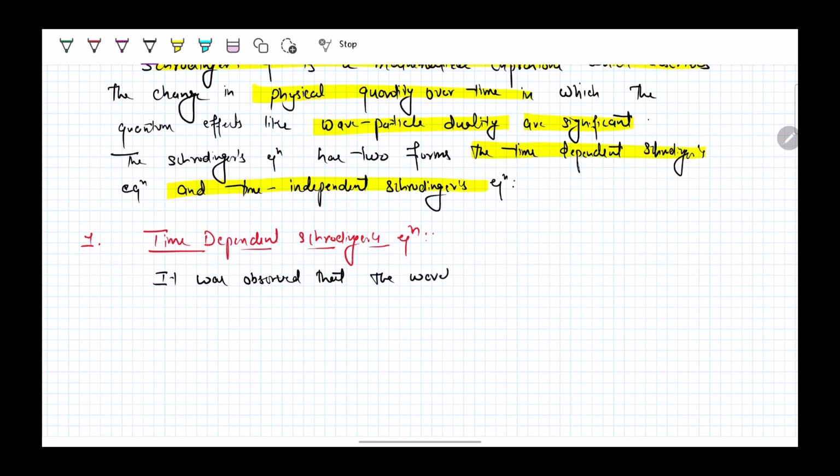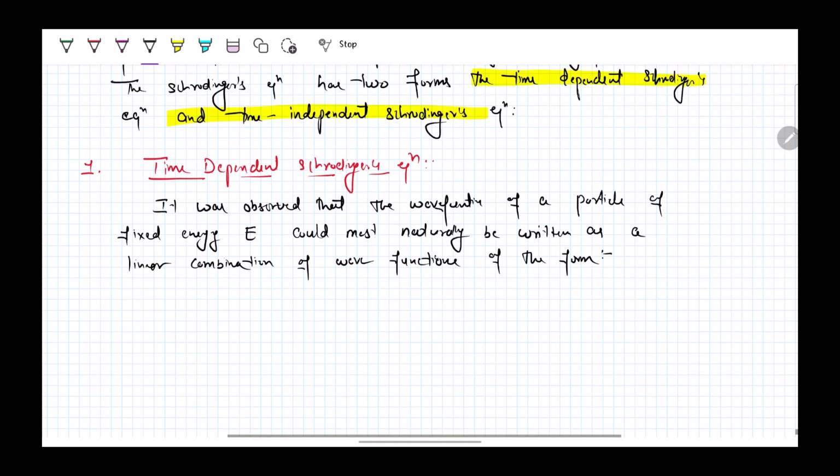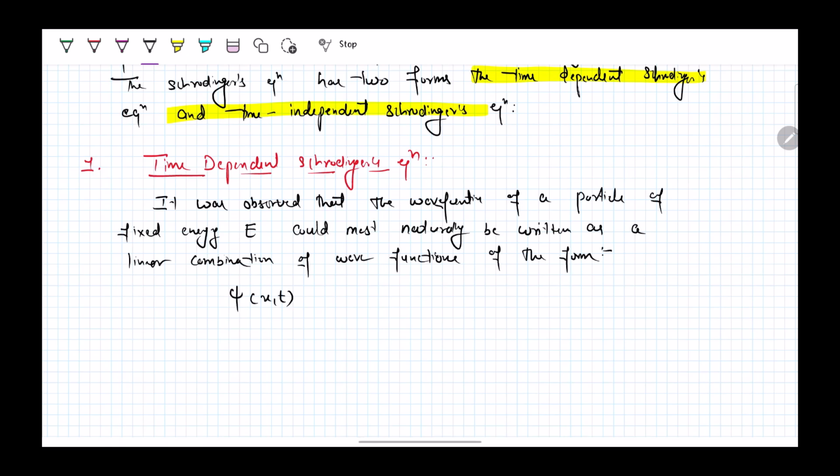All right, we know, or it was observed, that the wave function of a particle of fixed energy E could most naturally be written as a linear combination of wave functions of the form psi, where we are taking change in this wave function along only one direction, equals A exponential i(kx minus omega t).